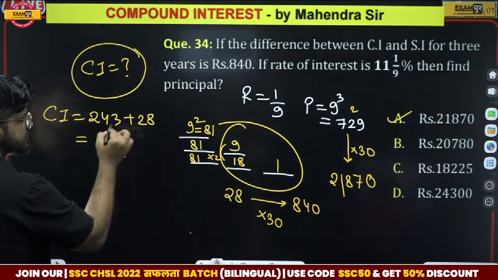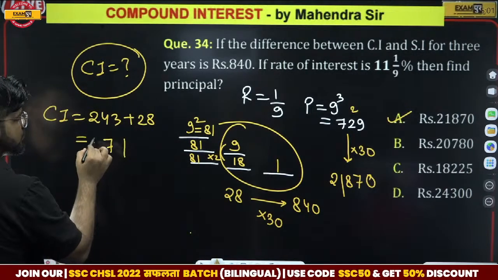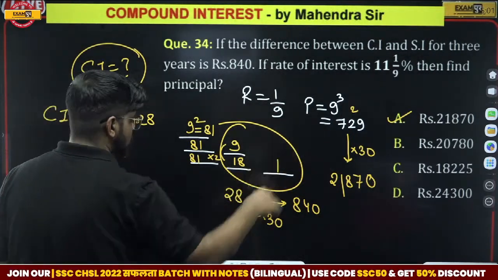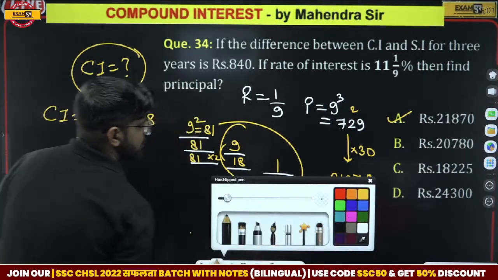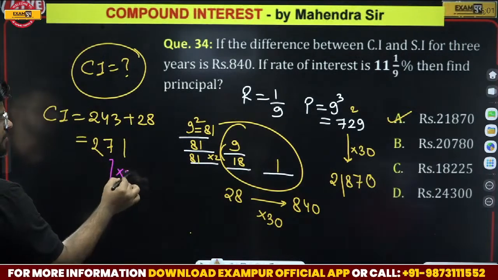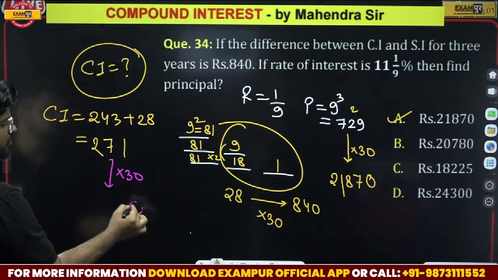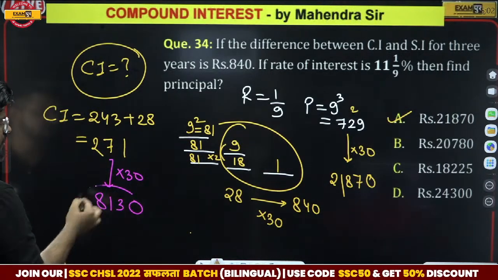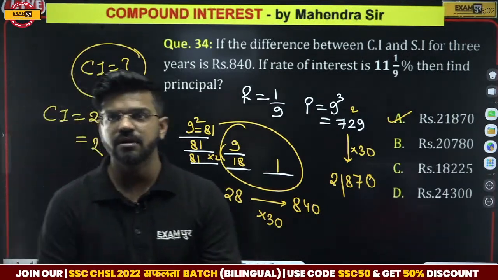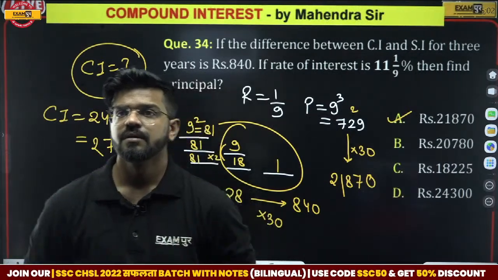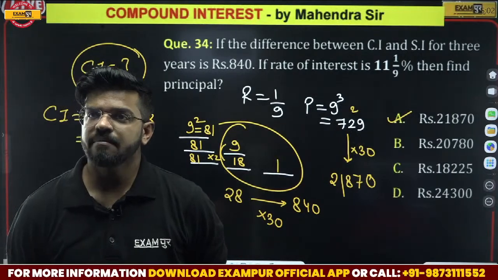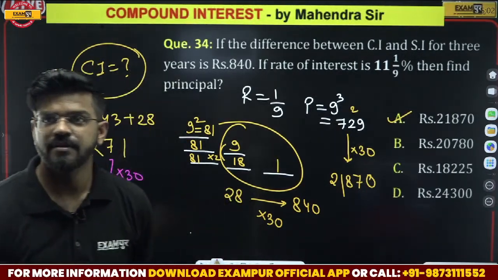Just add 7. 271. And the multiplying factor we have already got, it is 30. So multiplied by 30, you will get 0. 3 ones are 3, 21, carry 2, 6. 8130. How many of you are getting 8130? Govind, absolutely correct. Sam, absolutely correct. Very good.